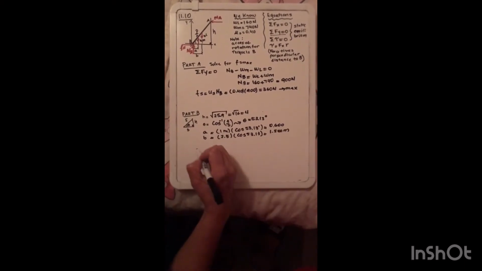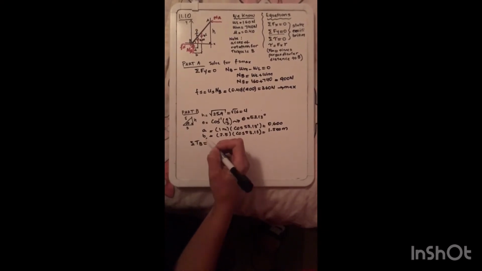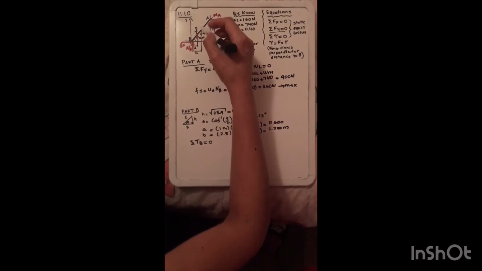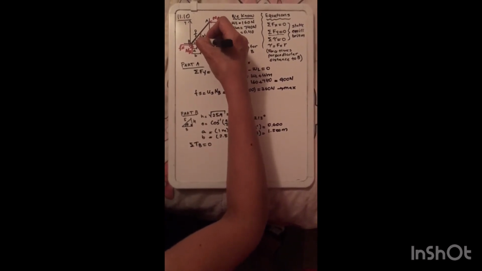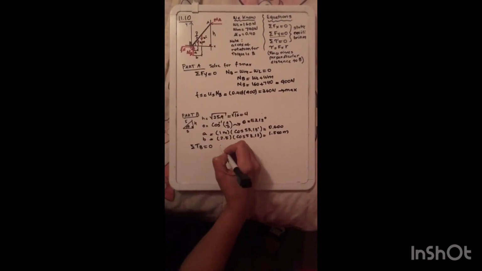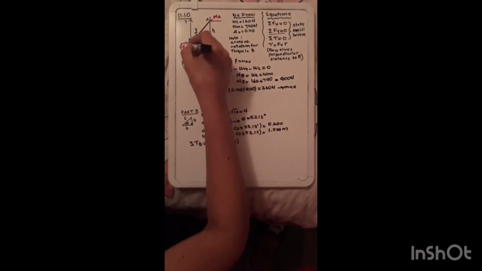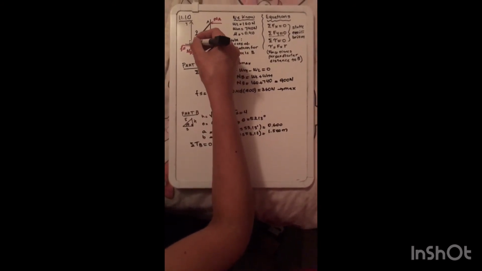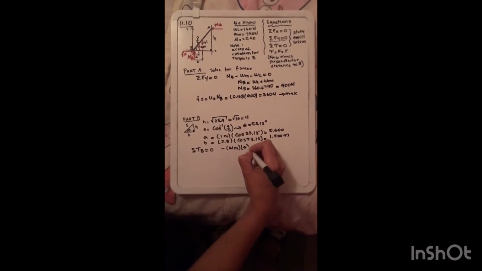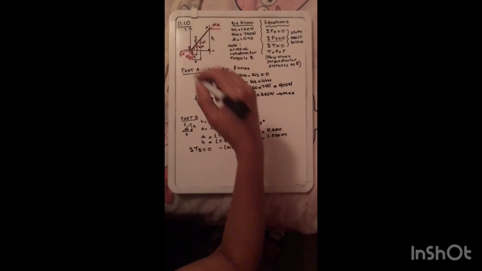And then we use the summation of torques on point B equal to 0. The weight of the man produces a negative torque, so it's negative the weight of the man times the distance A, which is the perpendicular distance to point B. And minus the weight of the ladder gives a negative torque as well.